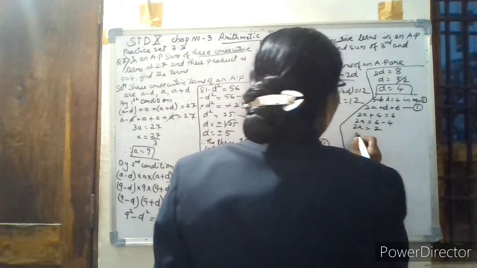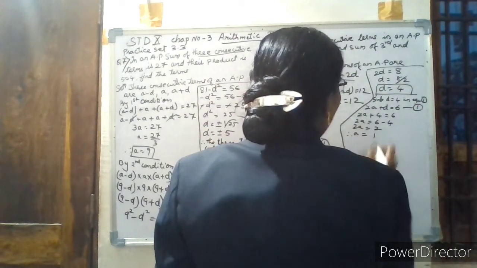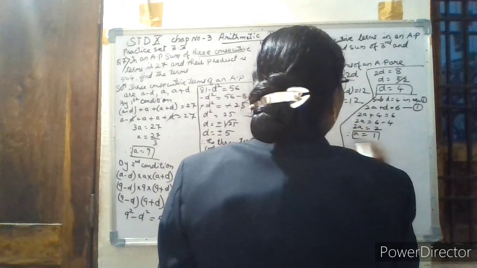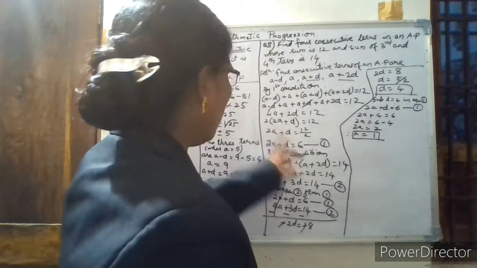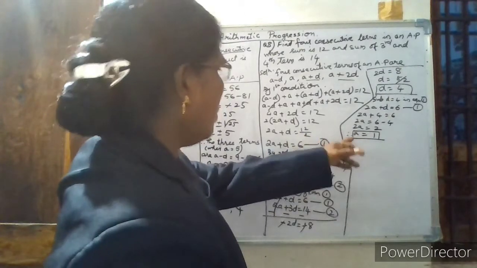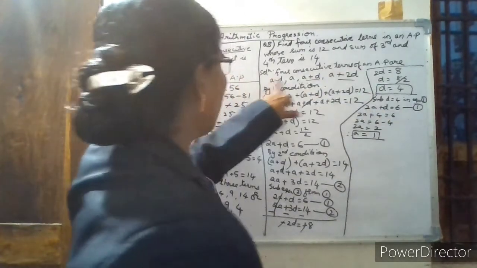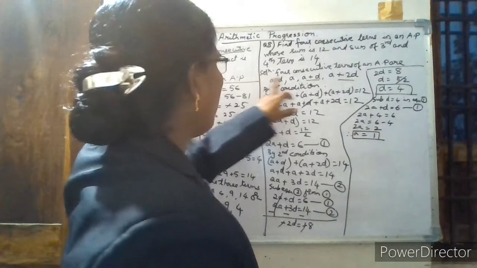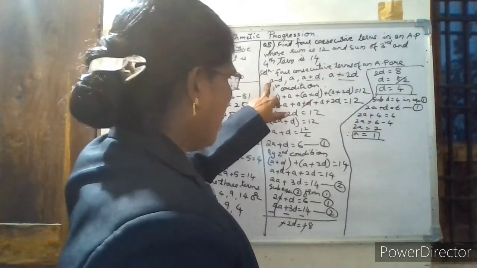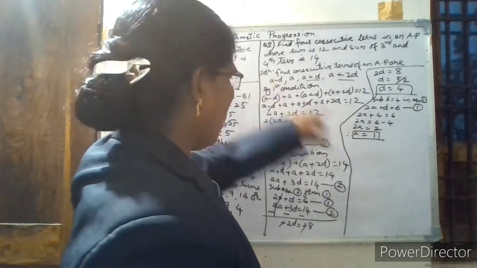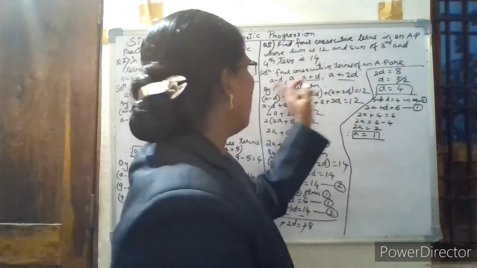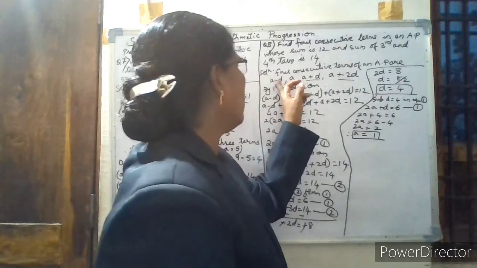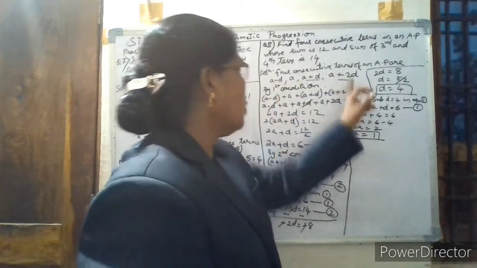Therefore the a value is equal to 1. Yes, a is equal to 1. So now substitute the values of a and d in the consecutive terms, a minus d and so on, and find the 4 consecutive terms.